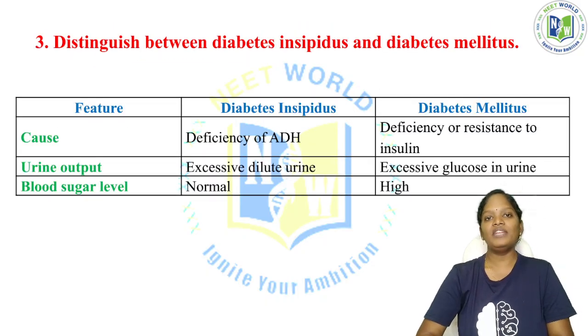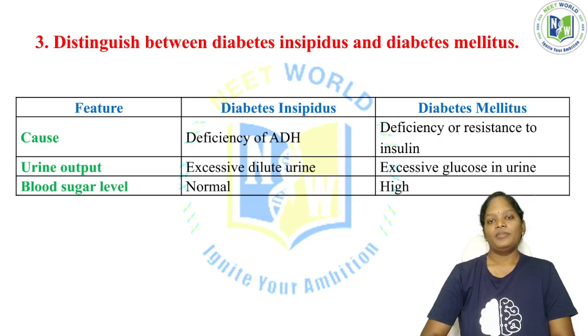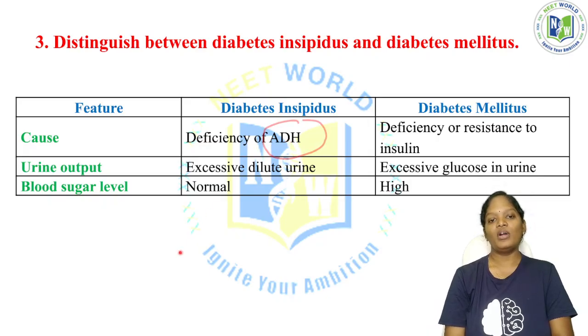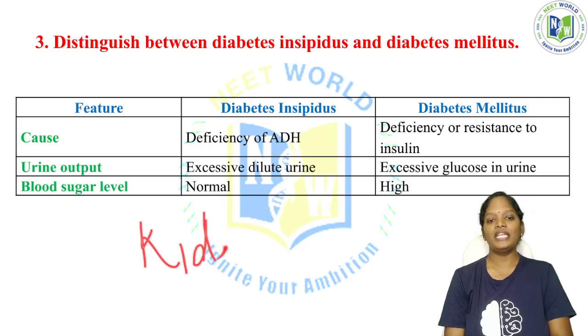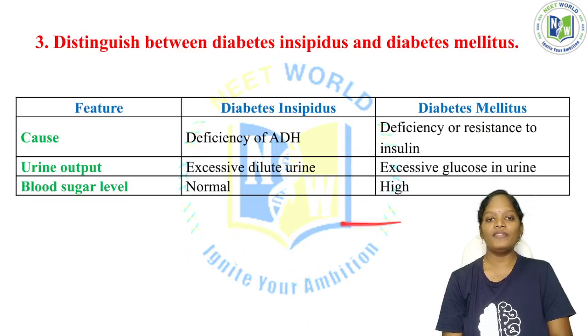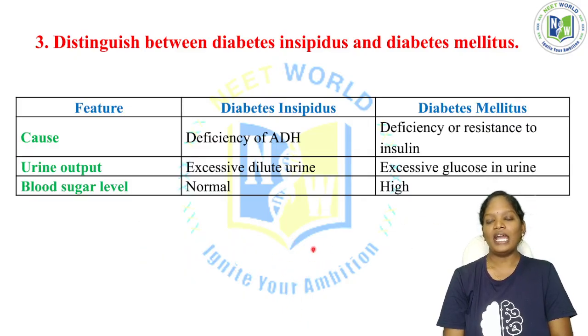And the difference between diabetes insipidus and diabetes mellitus. Okay, see, diabetes insipidus means deficiency of antidiuretic hormone. See, what is meant by the antidiuresis process? The kidney is the one involved in removal of waste, in the form of urine. Now this kidney has to eliminate water, because the toxins have to be eliminated.